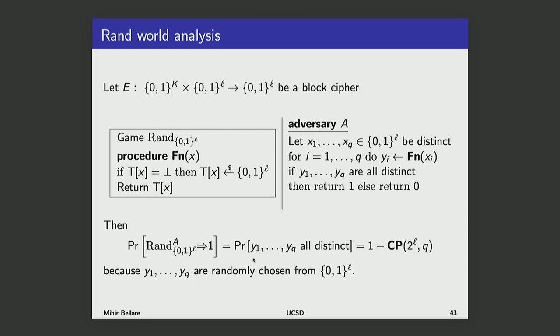From the point of view of the birthday problem, it was exactly the question of drawing q random independent objects from a certain space and testing distinctness. We remember that the collision probability is the probability that they're not all distinct, so that they're all distinct is 1 minus the collision probability.